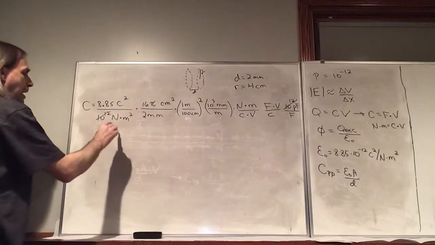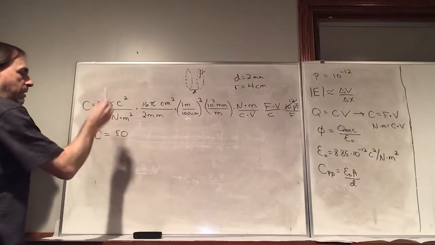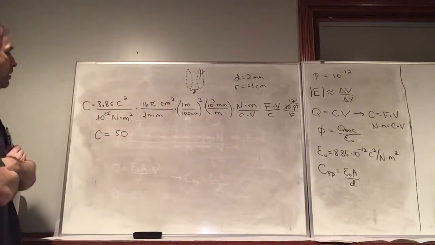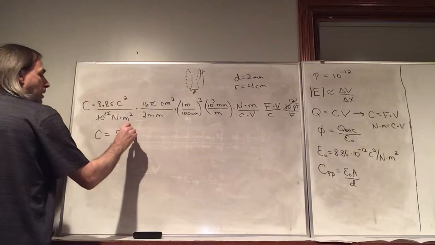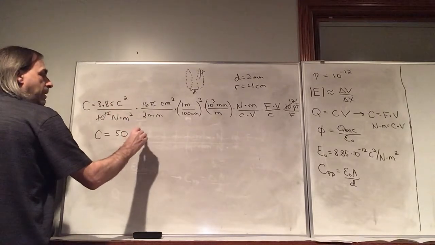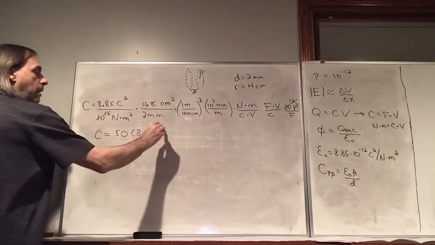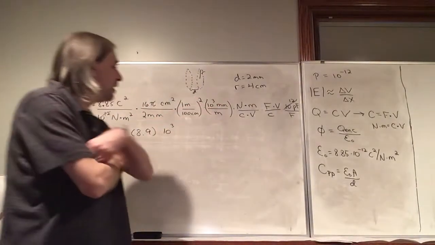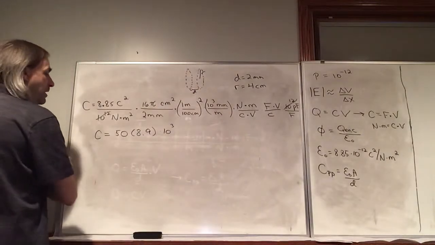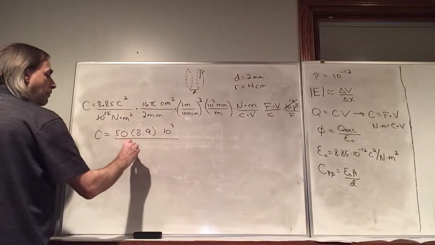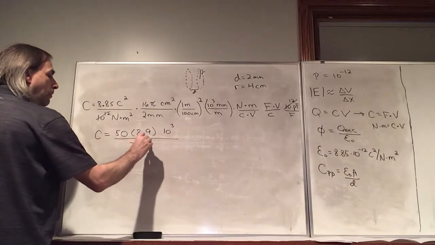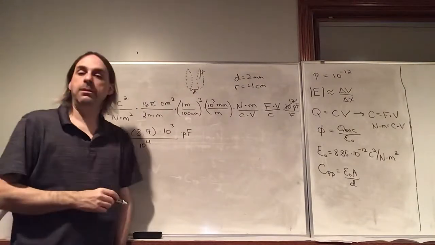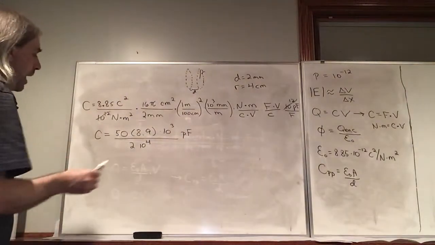So here, 16 pi, I forgot my phone, so I'm just going to say that's 50. 16 times 3 is 48, so that's very close to 50. Here, I'm going to say 8.85, let's say 8.9, and then times 10 to the third on top. Now on bottom, we just have 2 times 10 to the fourth. That would give us our capacitance in picofarads.